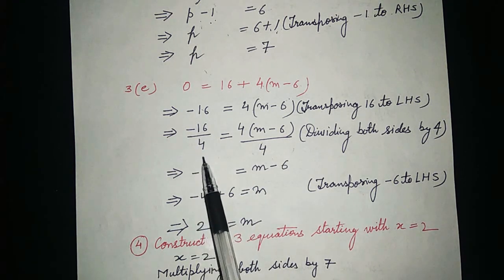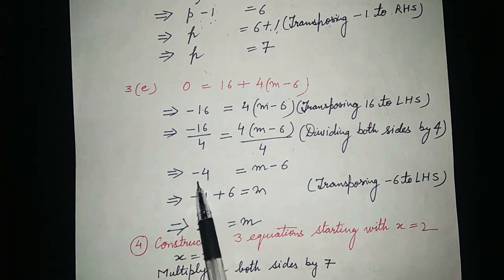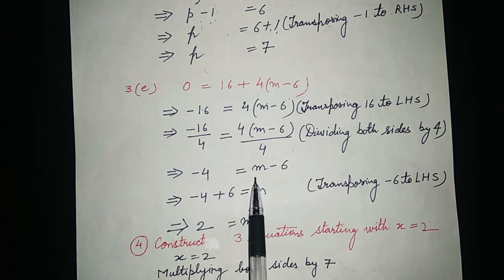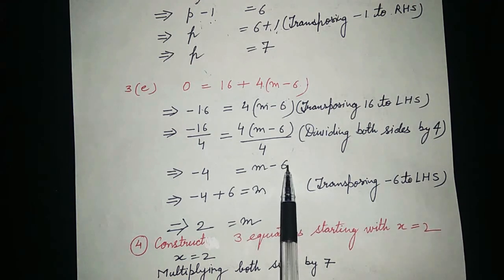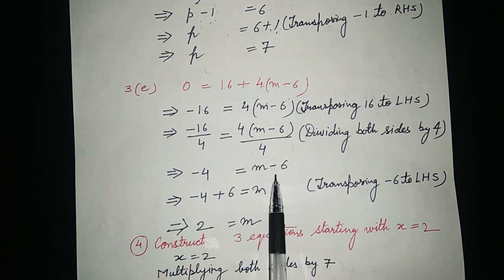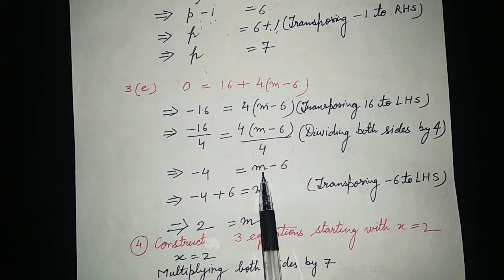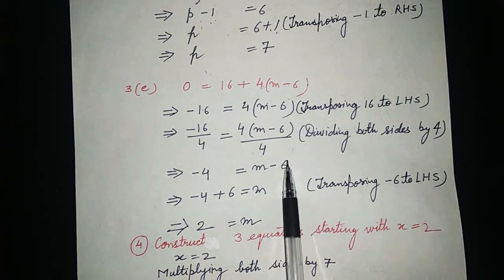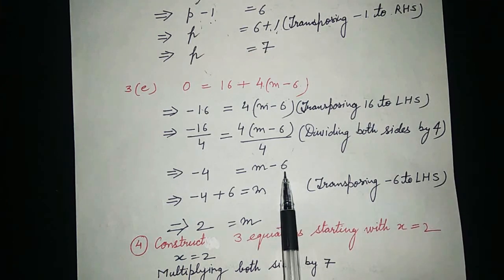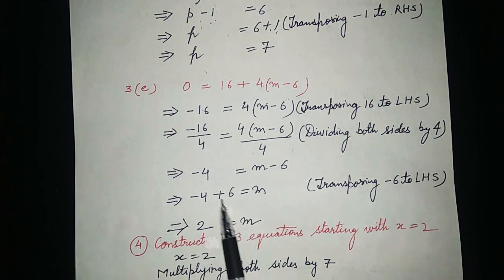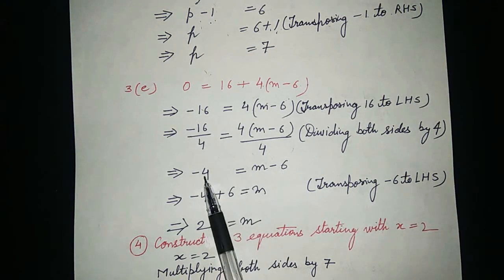Minus 16 divided by 4, for this we will write minus 4, and on the right hand side only m minus 6 will come. And now we can see here minus 6 after m. So this minus 6 we will transpose from right hand side to left hand side.